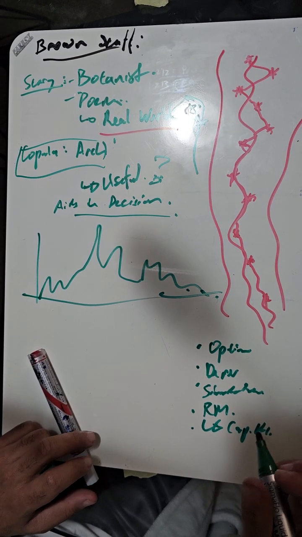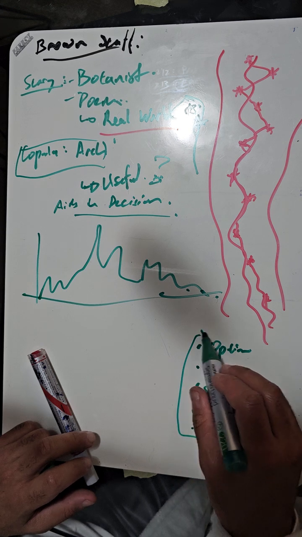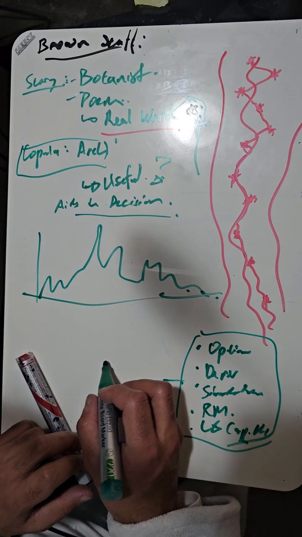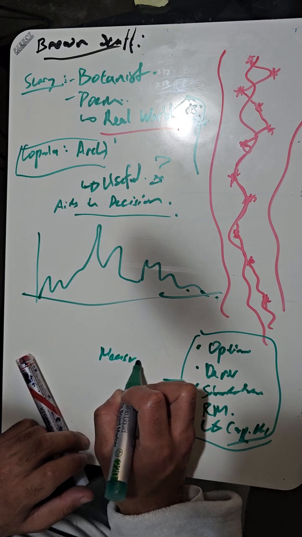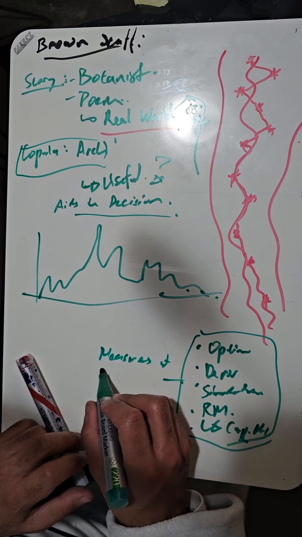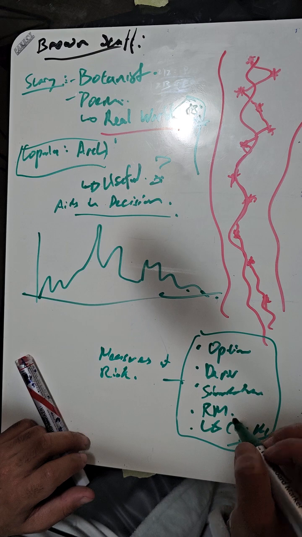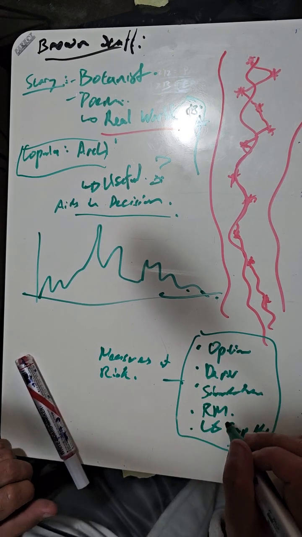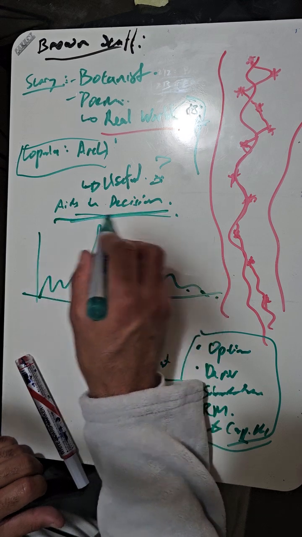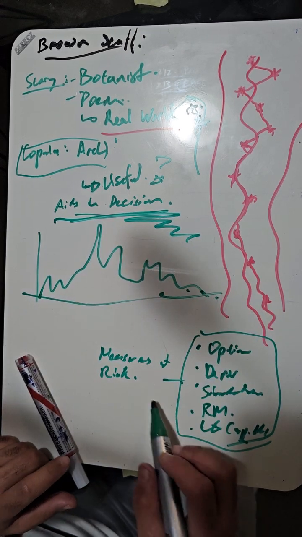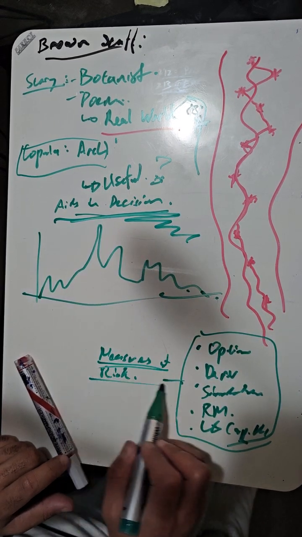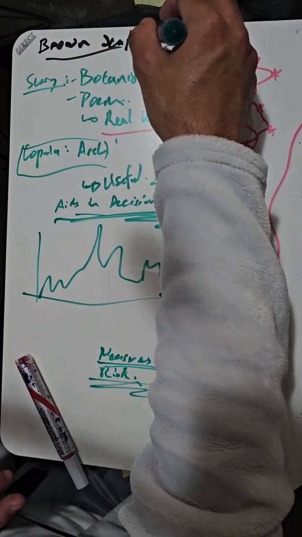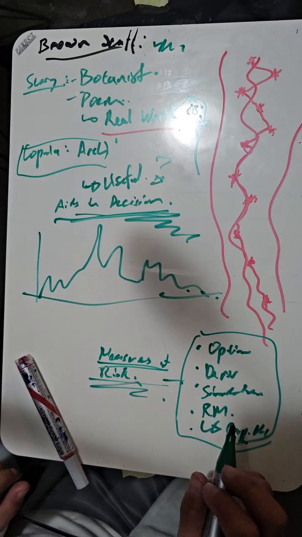But essentially, all of these things tend to revolve around this whole principle of measures of risk, because that is what is needed in order to do all these things. That's where these decisions come from. So measures of risk is what you're looking for when you are learning about Brownian motion.